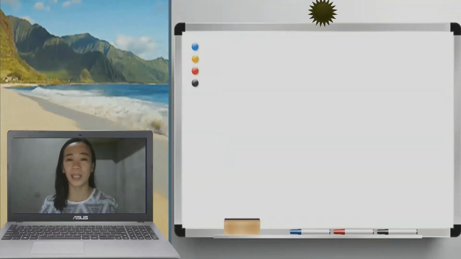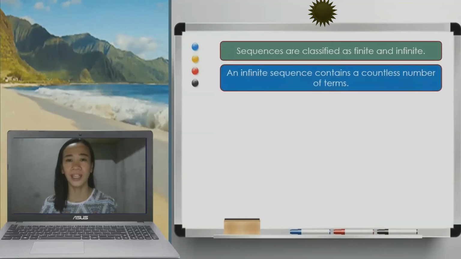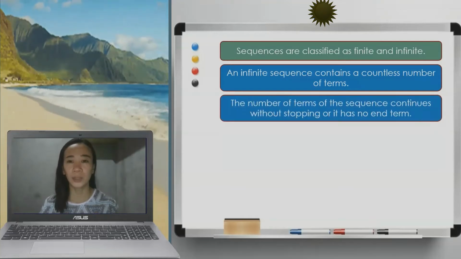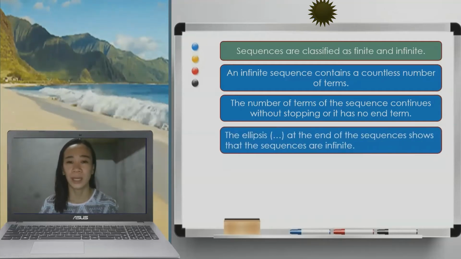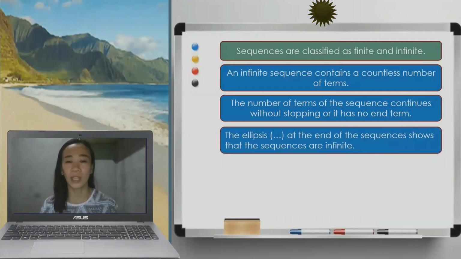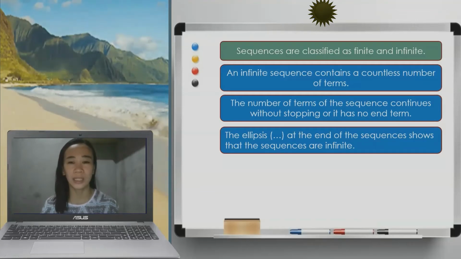What about infinite? What do we mean by infinite? An infinite sequence contains a countless number of terms. The number of terms of the sequence continues without stopping or it has no end term. The ellipsis, or these 3 dots at the end of the sequence, shows that the sequence is infinite.